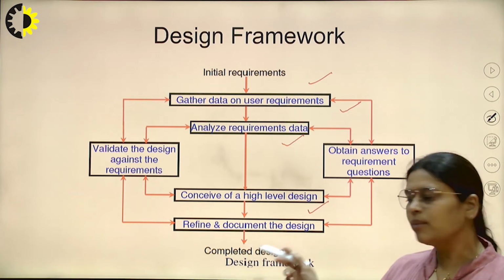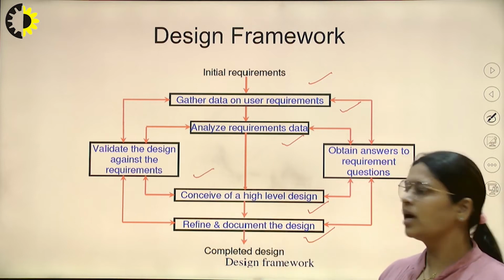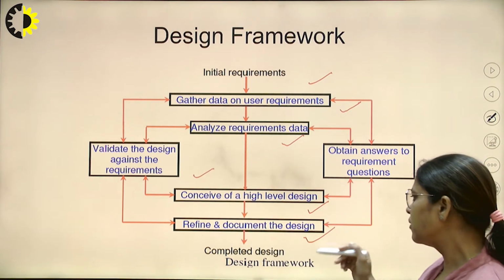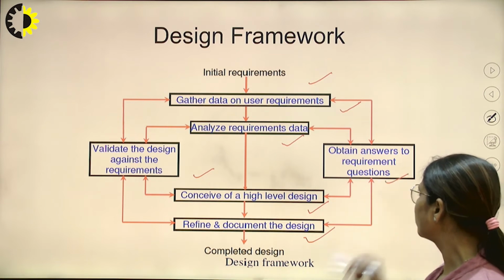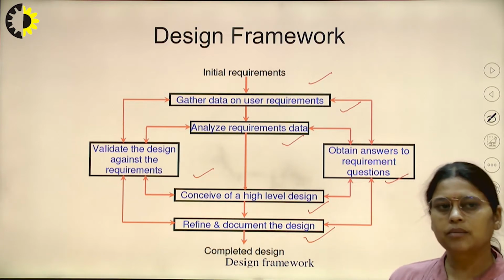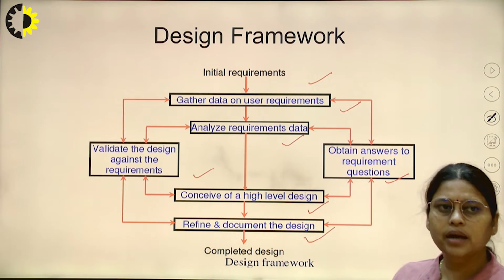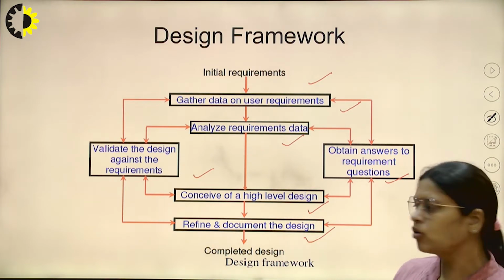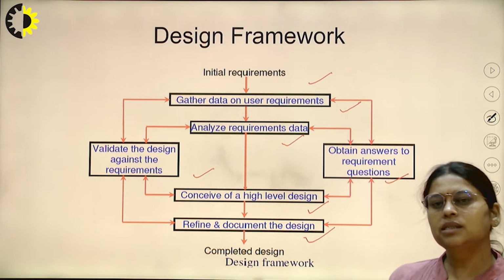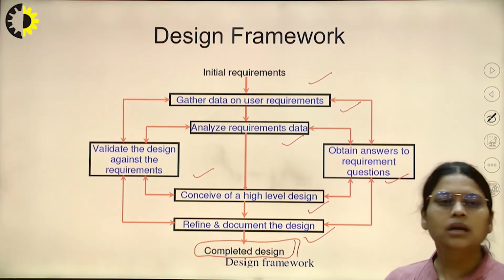If there is a requirement, we have to refine it, and then validate the design against the requirements. After refining, we also obtain answers to requirement questions if some requirements are missing. So we refine the requirements and again refine the design document, and finally once we complete this design document, then we can say that a particular design is completed.